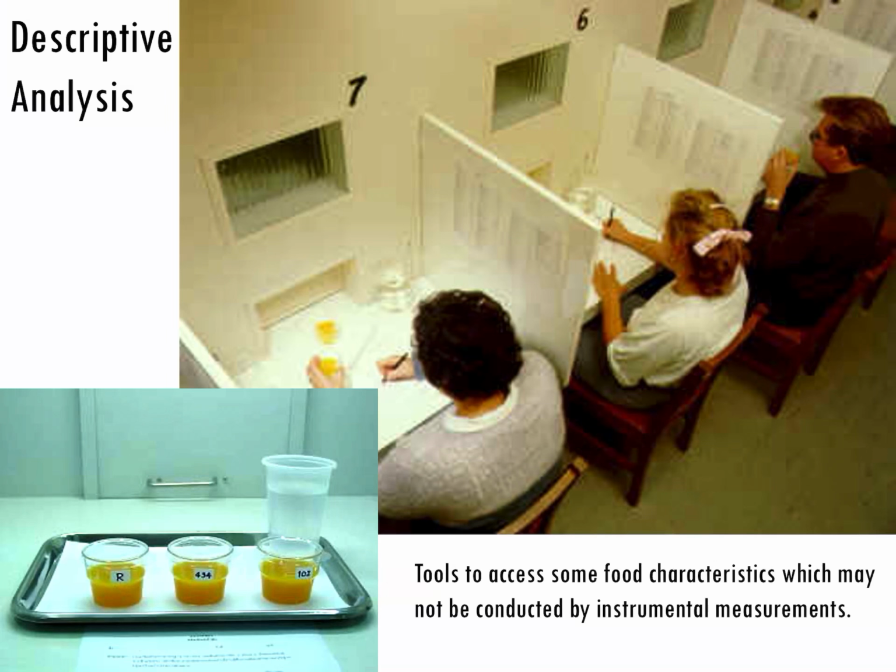They use their senses to detect the intensity of food characteristics, and then mark the score on the paper that the moderator provides. After that, the scores will be summed up to let the moderator have some idea of what the panelists are thinking.